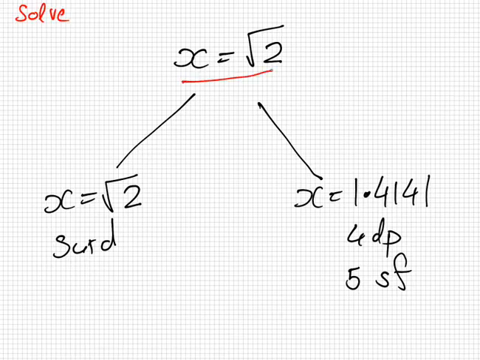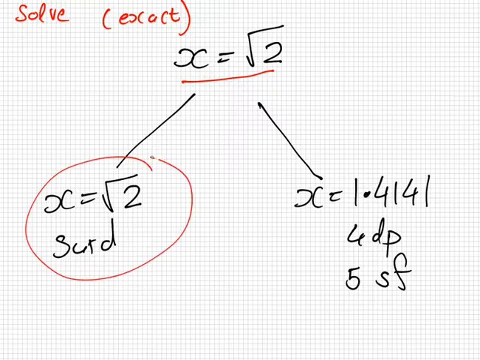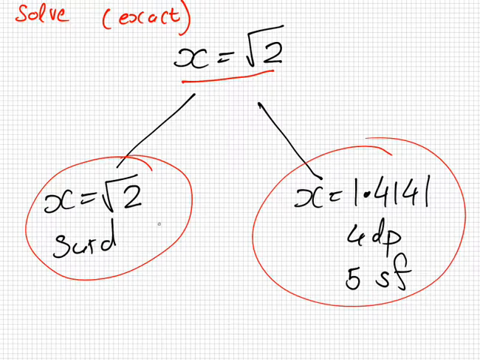So the formula is x equals minus b plus or minus square root b squared minus 4ac over 2a. That will be minus 10 plus or minus square root of 100 minus 4 times 1 times minus 1, all over 2.